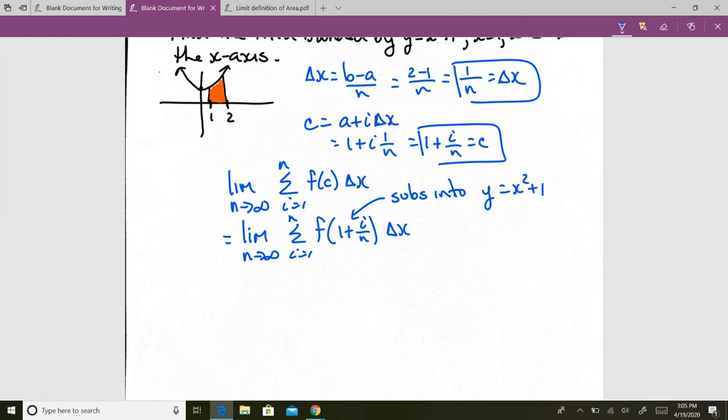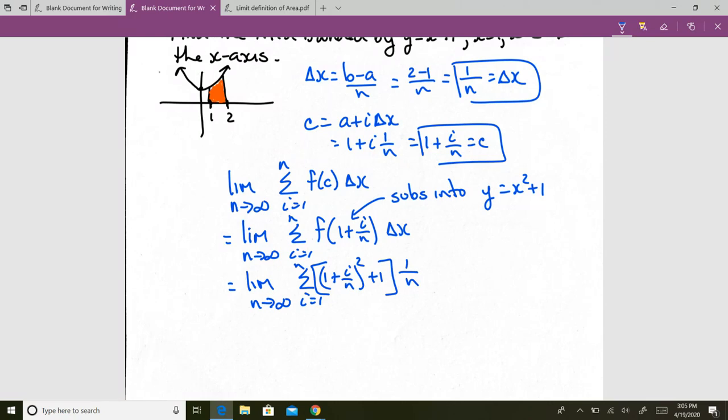So this is the last step I'm going to show you, and then you're on your own. You're going to get the limit as n goes to infinity, the summation i equals 1 to n. That goes into there, so you get 1 plus i over n, squared, plus 1. That's the function times your delta x, and your delta x was 1 over n.